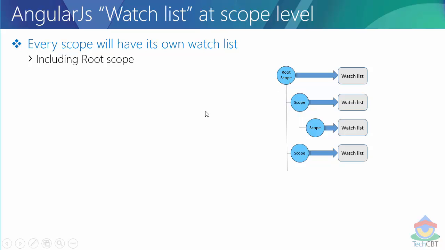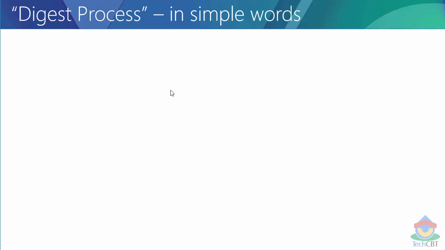Now that we have some understanding of watches, watchlists, and the scopes associated with them, we need to jump into the concept called the digest process. The digest cycle, digest process or digest loop is a huge topic in AngularJS, but let us start with very simple words. In general, what exactly is a digest process?